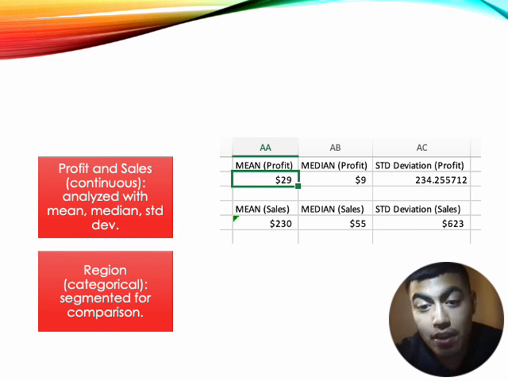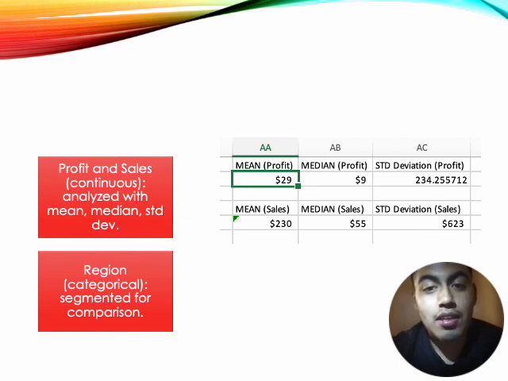Similarly, for sales, which was the other portion I wanted to compute the mean, median, and standard deviation for, the average transaction value was $230, with the median at only $55, again highlighting a skewed distribution.